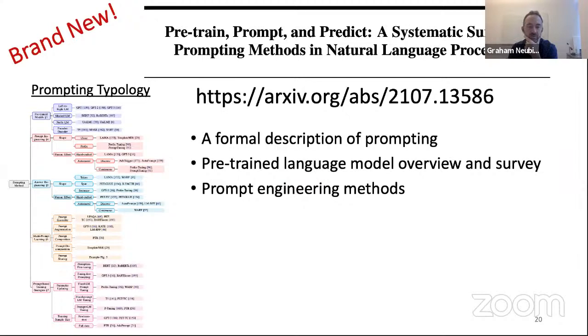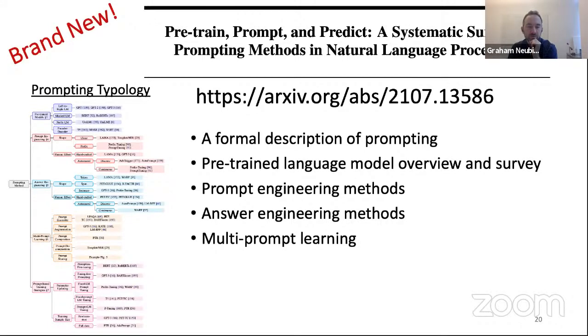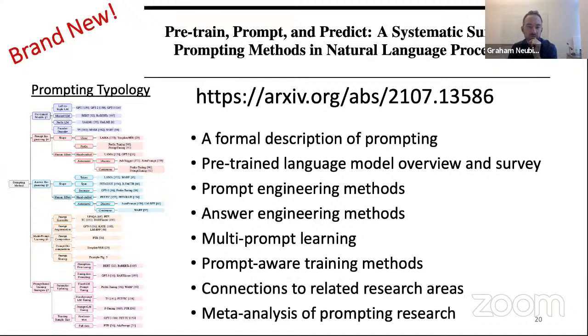We talk about prompt engineering methods, like the things I talked about here, answer engineering methods, which I'll talk a little bit about in the next part, but also multi-prompt learning, like the ensembling methods I talked about, prompt-aware training methods, like how can we train our models with prompts included, connections to related research areas, and meta-analysis of prompting research. We worked really hard on this, so I'd be very happy if it's useful for people.